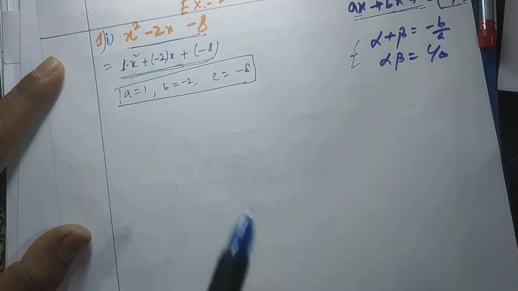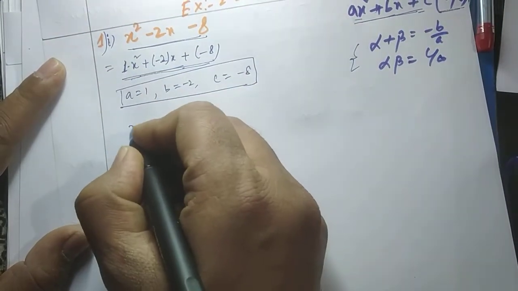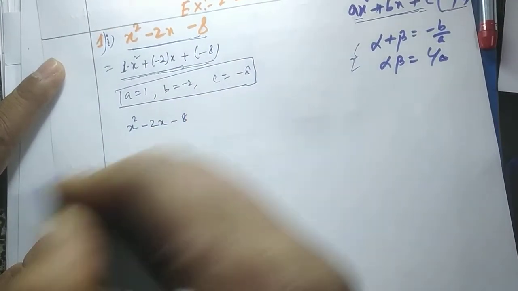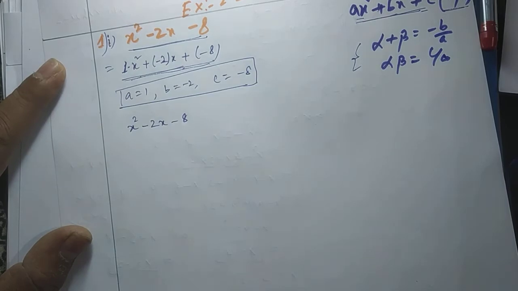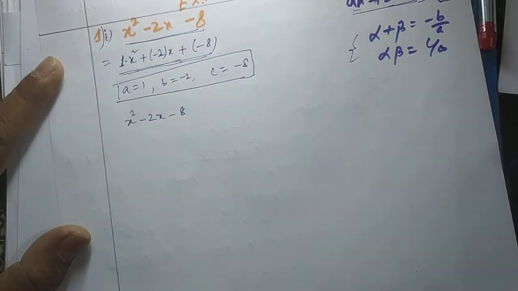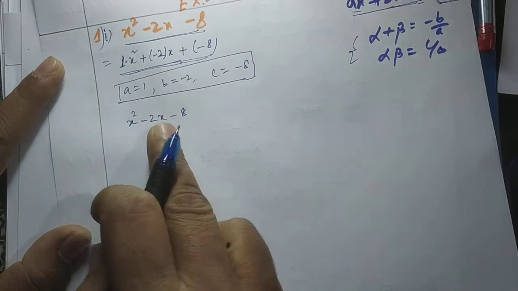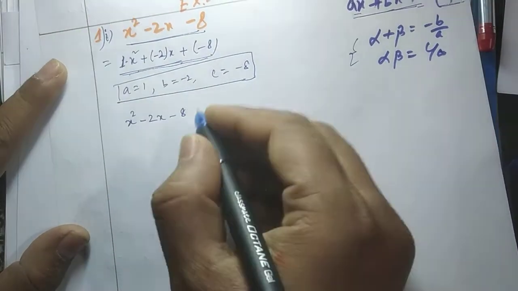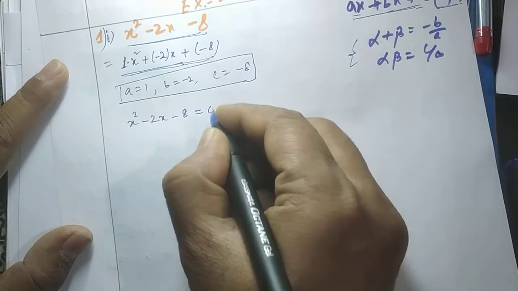Correct? Now after that, the next step is we have to find the zeros of this polynomial. And how to find the zeros of the polynomial we have seen in the previous video. So again I am reminding you, to find the zeros of a quadratic polynomial, first we need to make it 0.